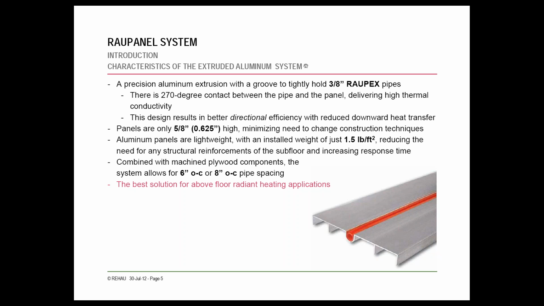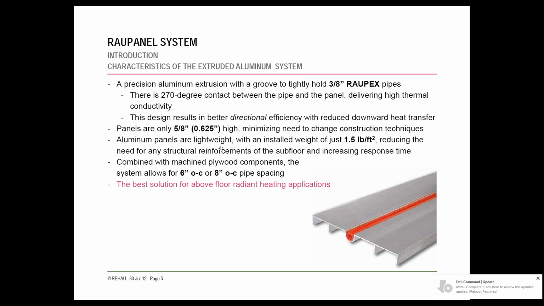This uses a 3/8 inch PEX pipe, and from below, it adds 5/8 inch to the thickness of the floor. The Rau board system that I mentioned earlier uses a 10 millimeter pipe that they brought over from Europe, and results in a 1/2 inch thick panel.